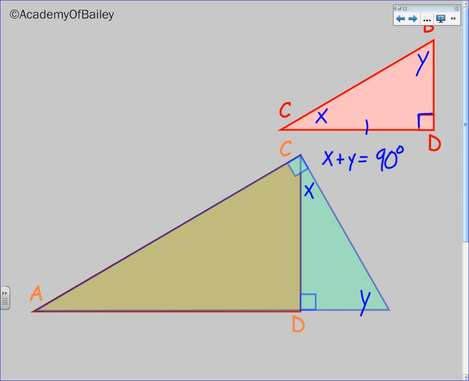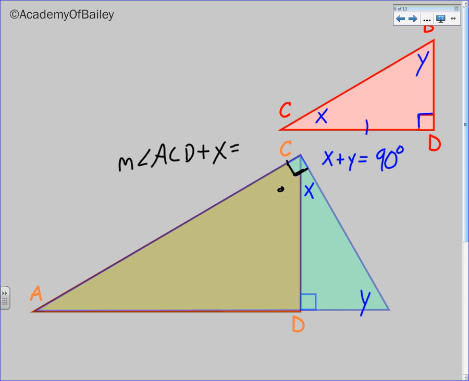Now what I want you to think about here is, do you see that this angle right here is 90 degrees? And so if that is 90 degrees, what do you want to call this angle ACD? How about the measure of angle ACD plus x is equal to what?